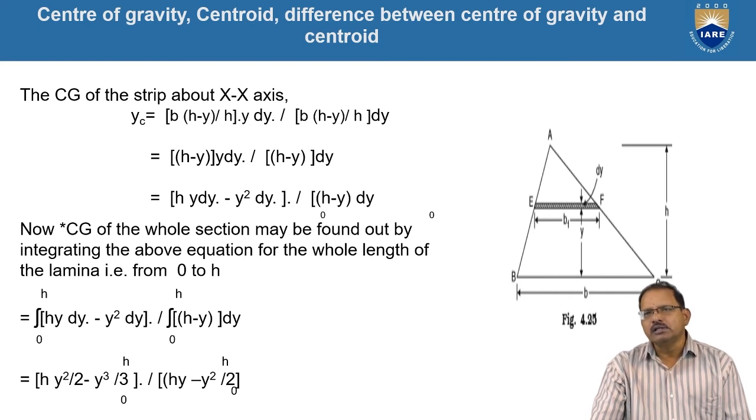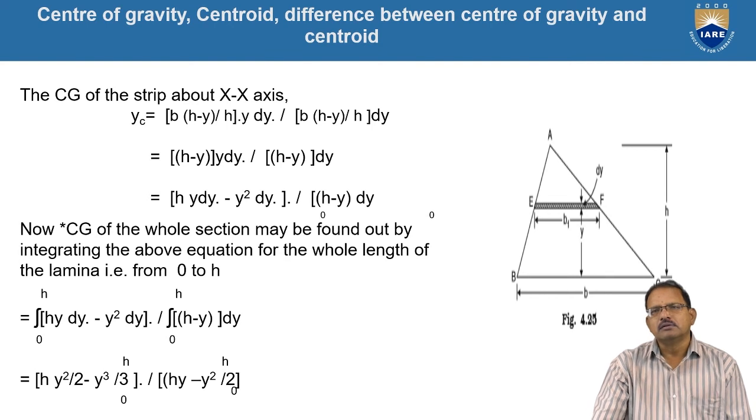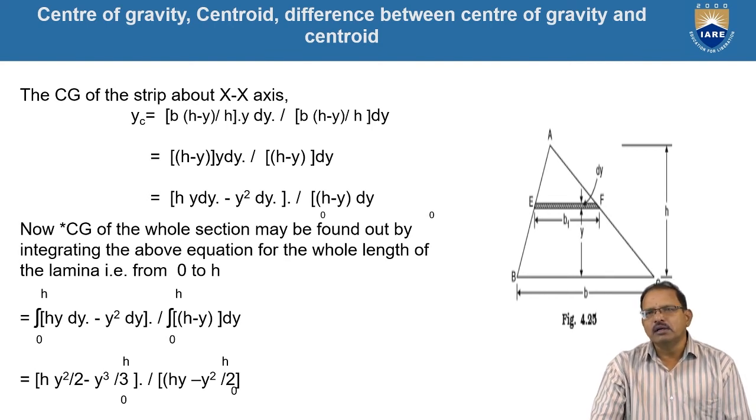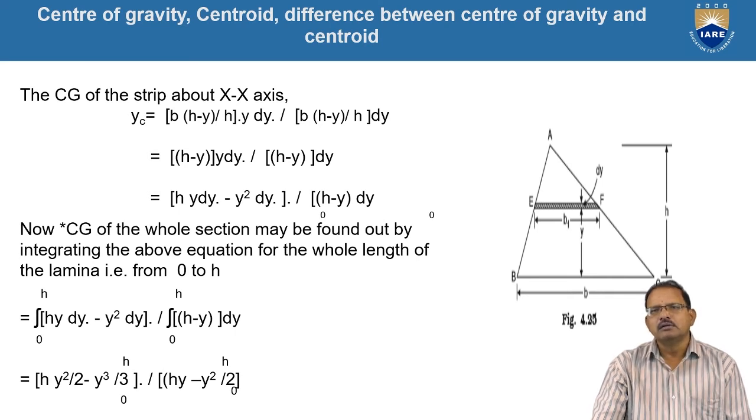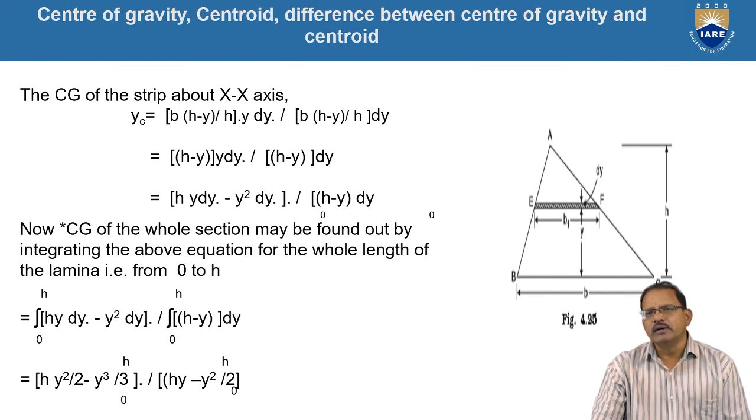Since B and h both are constants, they are eliminated from the denominator and numerator, and the final equation becomes integration of h minus y into y dy divided by integration of h minus y dy, which is equal to hy dy minus y square dy divided by h minus y dy.